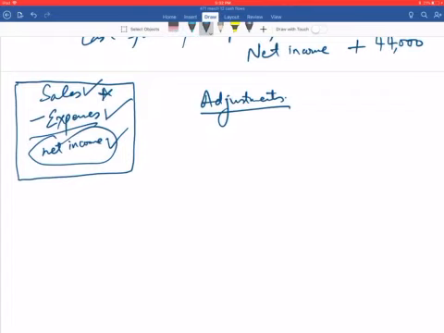Now, the first adjustment, let's start off with the most famous one. It's called depreciation expense. Depreciation expense is part of expenses here, right here on the income statement. It's one of the expenses. We don't pay cash for it in the same period.